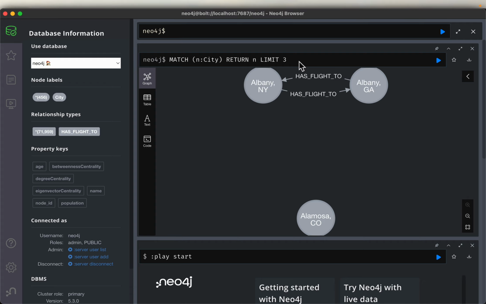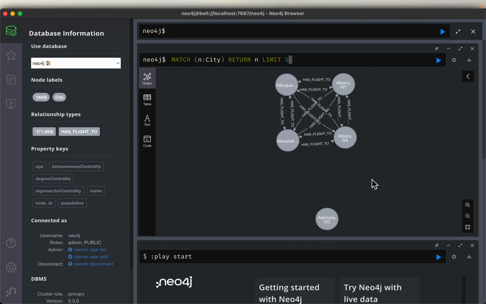Okay, so let's visualize maybe a few more. All right, so Alamosa is still not connected to any of these four cities, but as you can see, all these remaining four cities have a flight from each city to the remaining three cities. Here we have a total of 456 cities or airports.